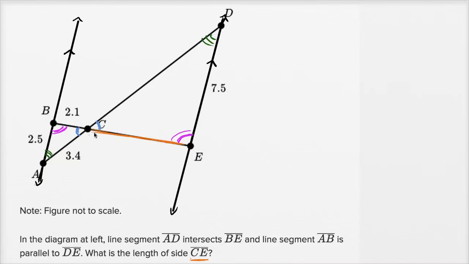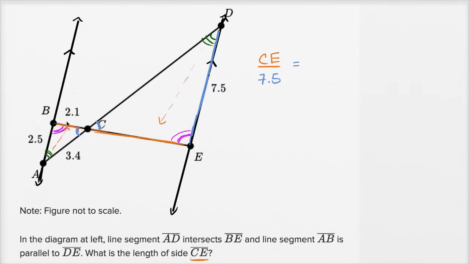So, for example, the ratio of the length of segment CE to this side right over here, segment ED, which has length 7.5, is going to be equal to the ratio of the corresponding side to CE. Look, CE is the side opposite this green angle. So if you go on this similar triangle opposite to this green angle, that's segment BC.